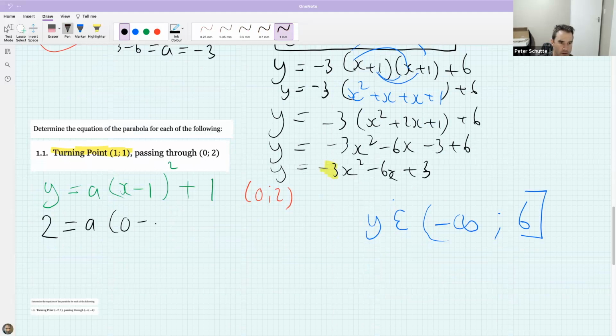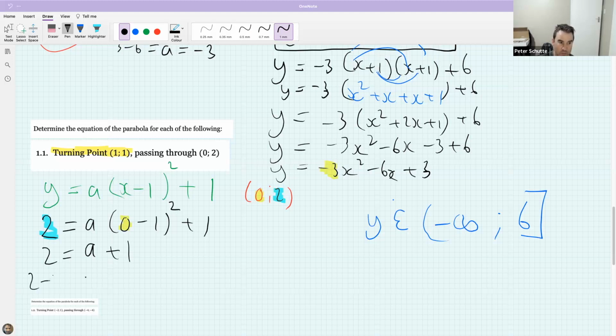So we have to sub in the 0 and the 2. So the 0 is x, so it goes here. And the 2 is y, and it goes here. Then let's think, minus 1 squared is still 1, so I get a plus 1. But if you take the 1 to the other side, it becomes negative.